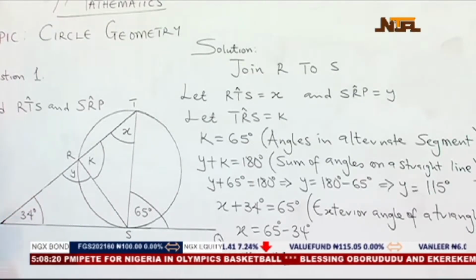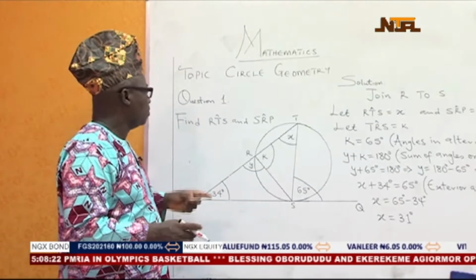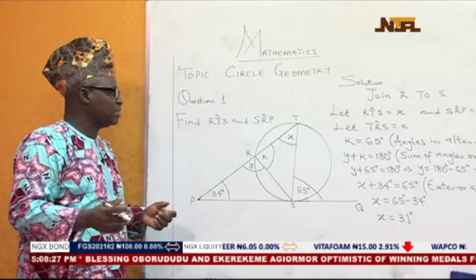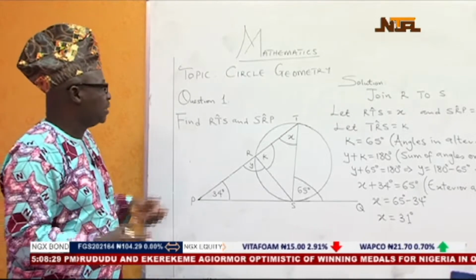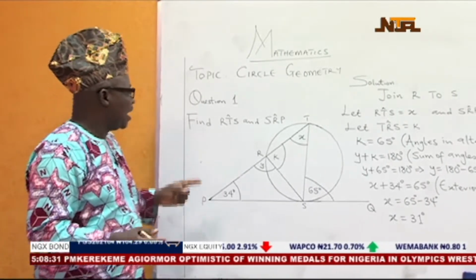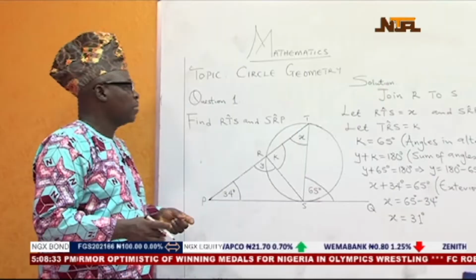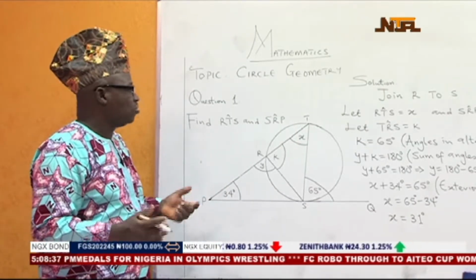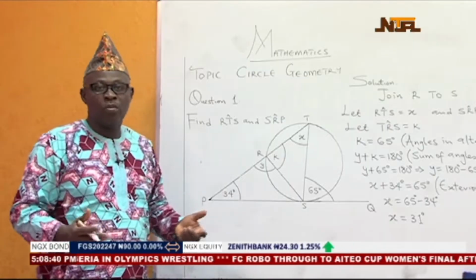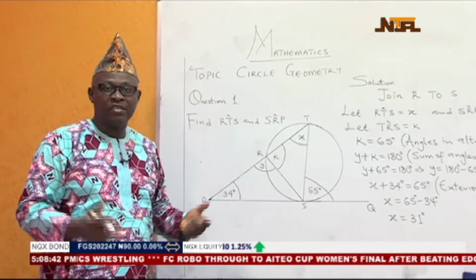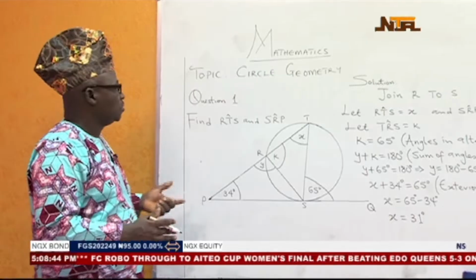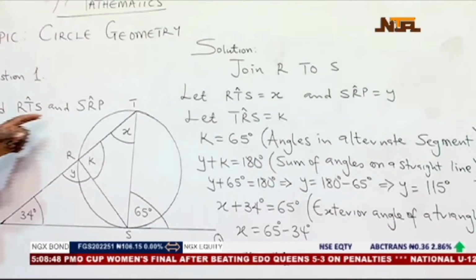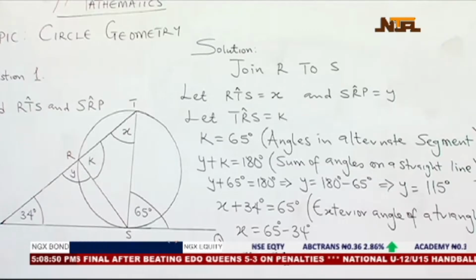The theorems I've used there are the theorem of angles in alternate segments, the theorem concerning the sum of angles on a straight line being 180 degrees, and a particular theorem applicable to a triangle. That is, the exterior angle of a triangle is equal to the sum of the two interior opposite angles. So we've been able to find the two angles the examiner required of us.